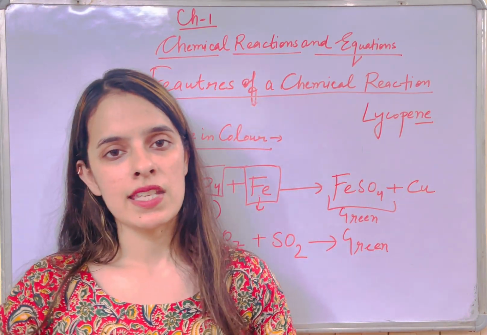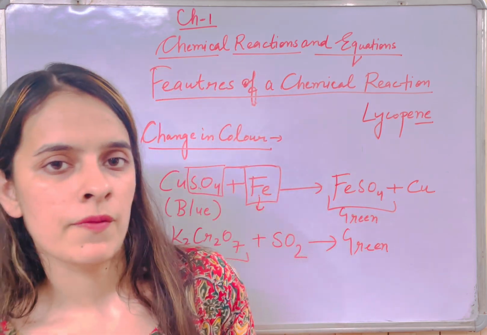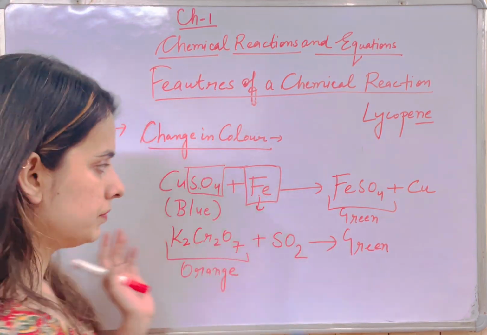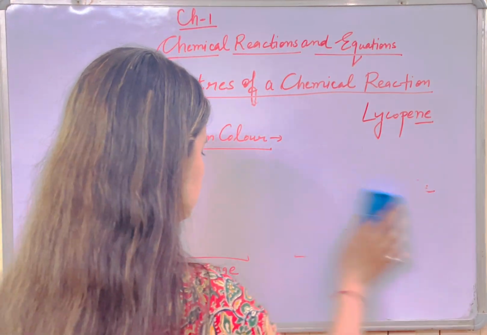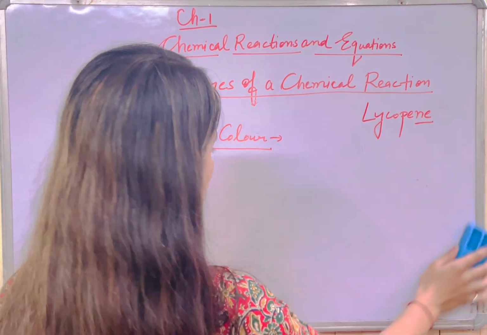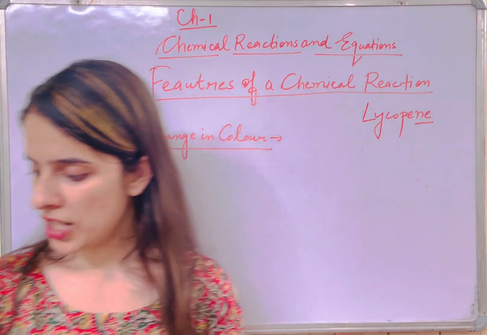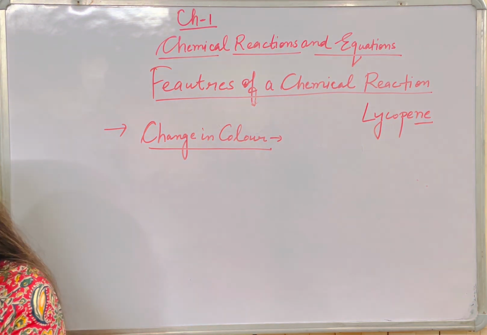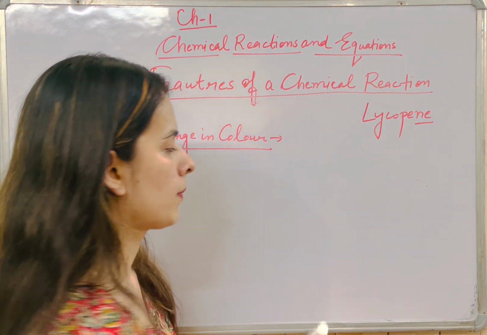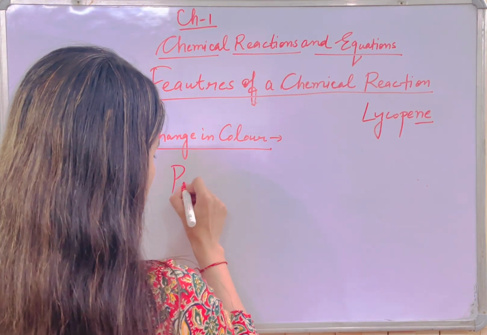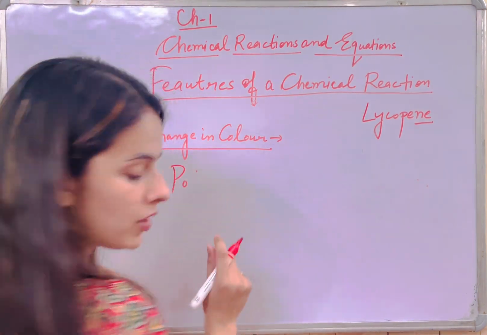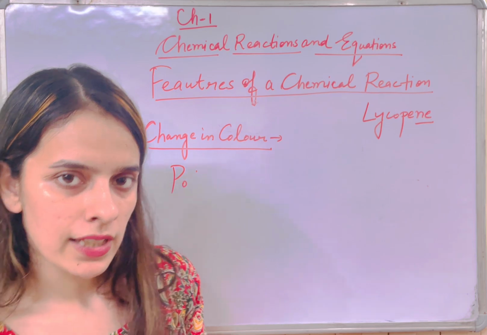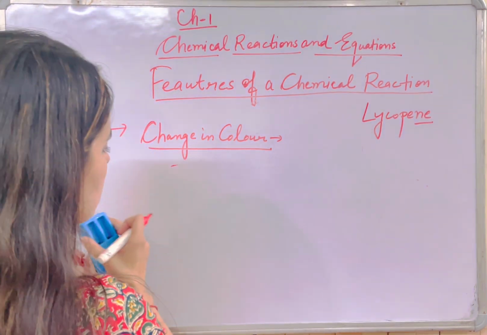What other examples can you give me about this change in color? Potassium permanganate, I would write in compound form only.